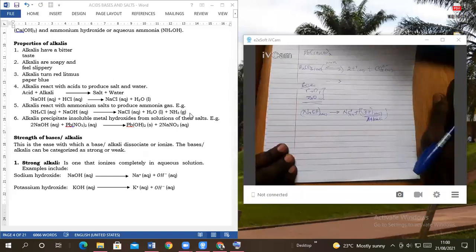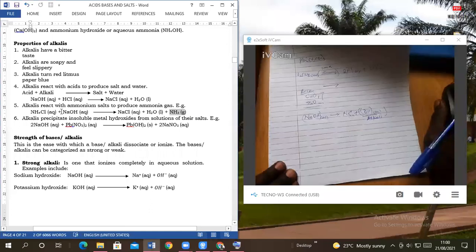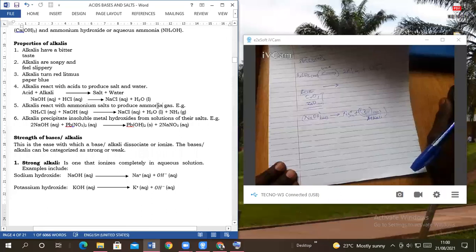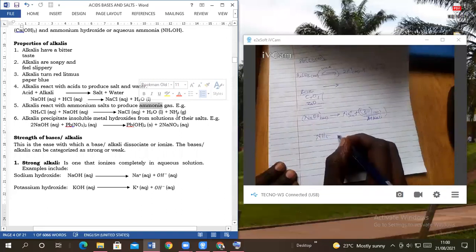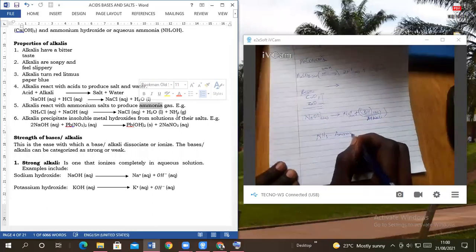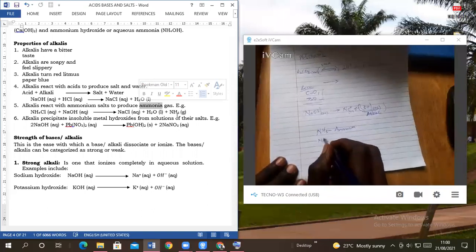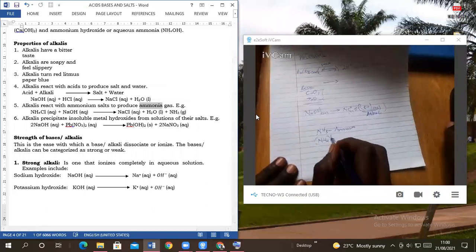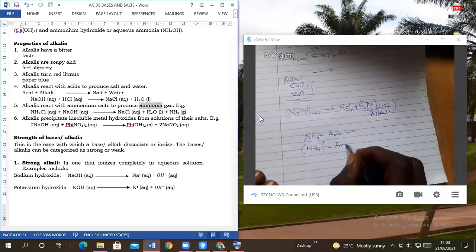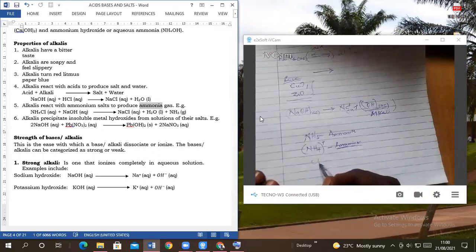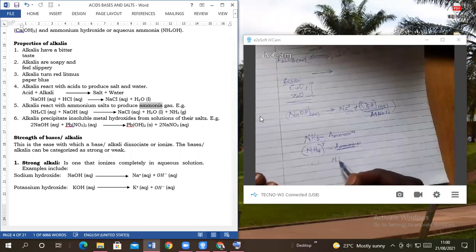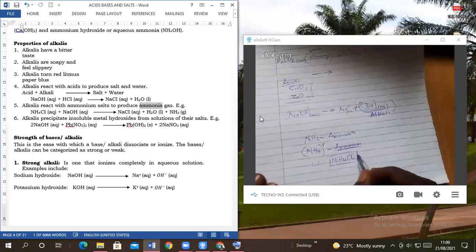There is a difference between ammonia gas and the ammonium ion. If you want ammonia gas, it is NH3. This is ammonia. But ammonium is NH4, which has a +1 charge, the ammonium ion. So if they say ammonium chloride, you must know chloride is 1. So if they react, they give you ammonium chloride.